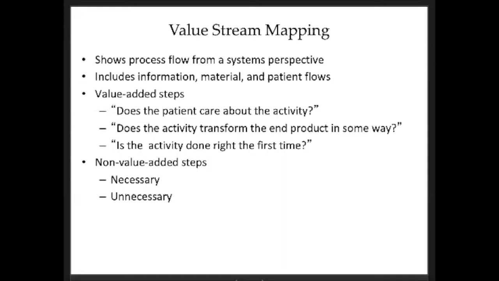But then it also captures the flow of information. And finally, at every step, it tries to distinguish between value added time and non-value added time. The way we define a value added step is: does the patient care about the activity? If not, it's considered a non-value added step. And one needs to figure out a way to reduce the non-value added time in the overall system.